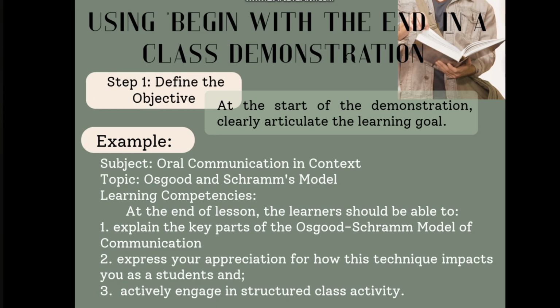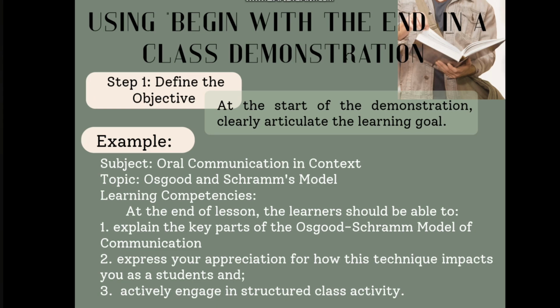If you are teaching oral communication and your topic is about the Ask-and-Sham model, you may say to your students, now, can you read the objective with me? Or you may ask someone to read it aloud, especially when your students are in higher level. Okay, so why do we need to share the objectives? Because that is the goal of technique number 16, begin with the end.